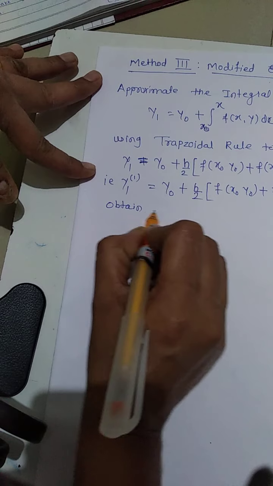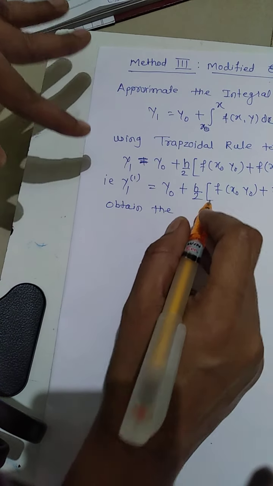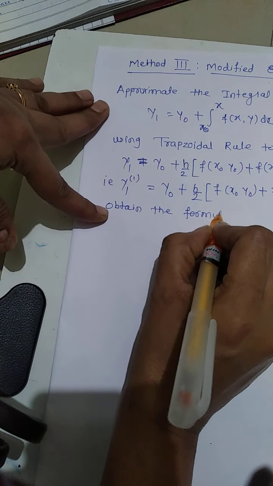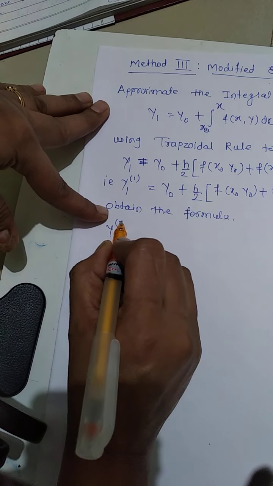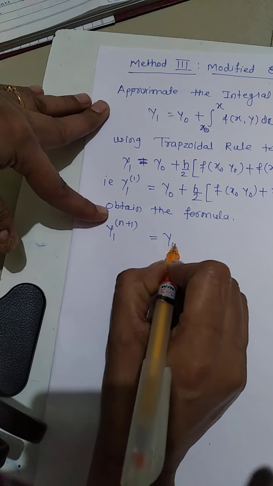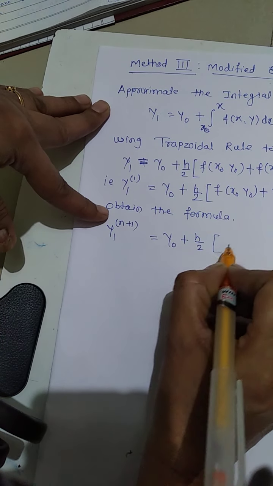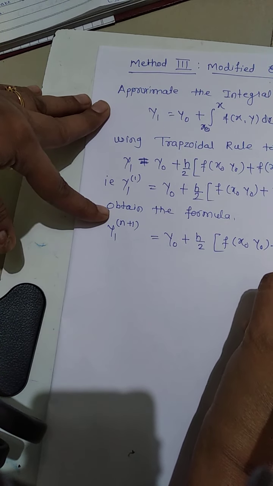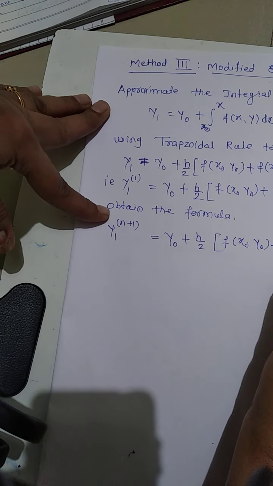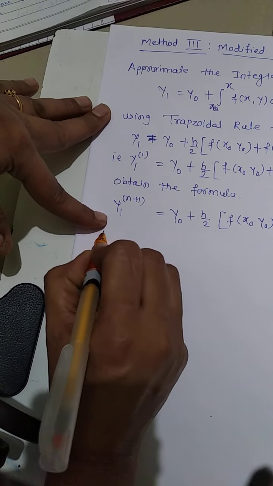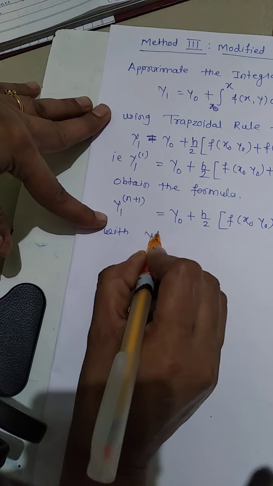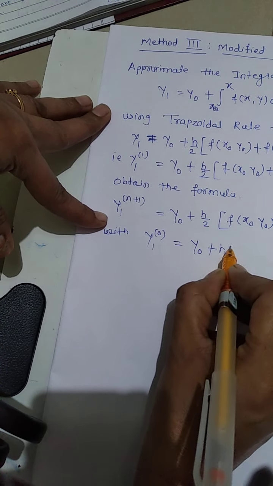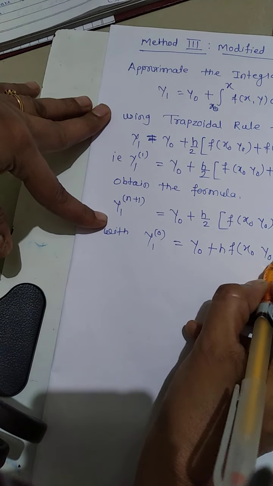Obtain the iterative formula y1 of n plus 1 is equal to y0 plus h by 2 into f of x0, y0 plus f of x1, y1 of n, and with y1 of 0 is equal to y0 plus h into f of x0, y0.